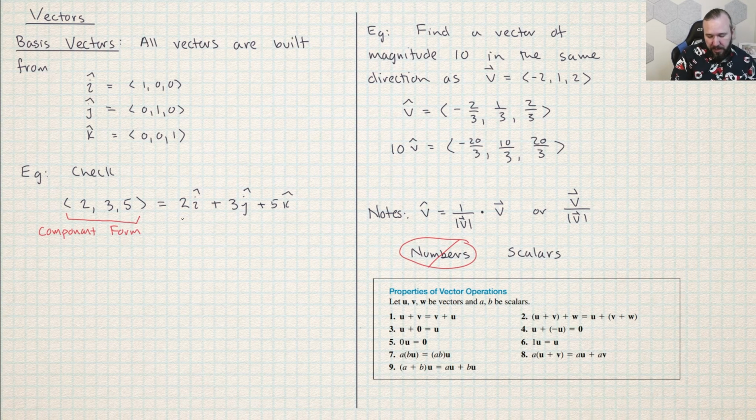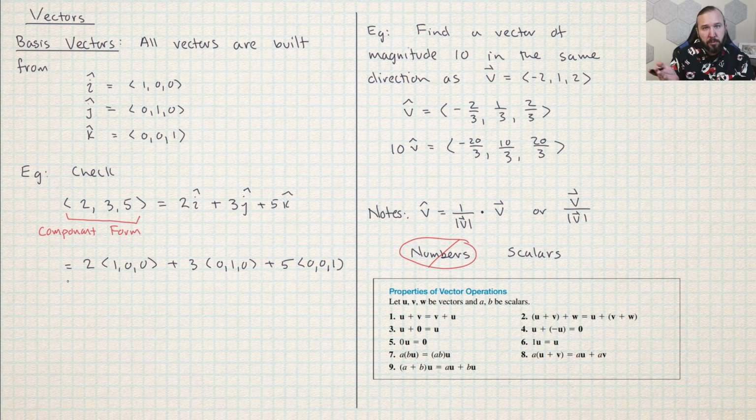And then one of them on this side is built from these basic vectors. I do want to check that these two things are equal to each other. So let's plug everything in on the right-hand side and see if we do get the left-hand side. So this is 2 times 1, 0, 0, plus 3 times 0, 1, 0, plus 5 times 0, 0, 1.